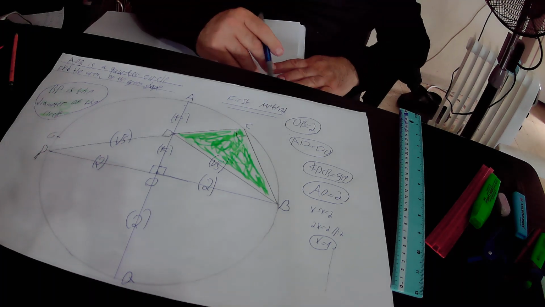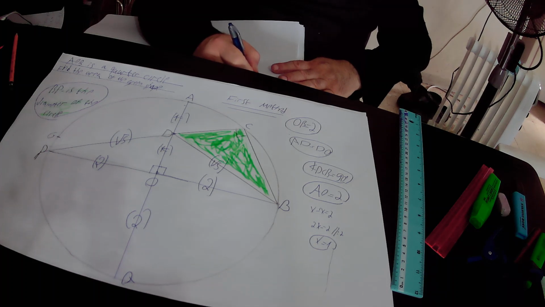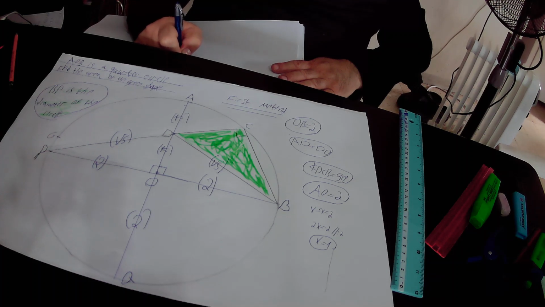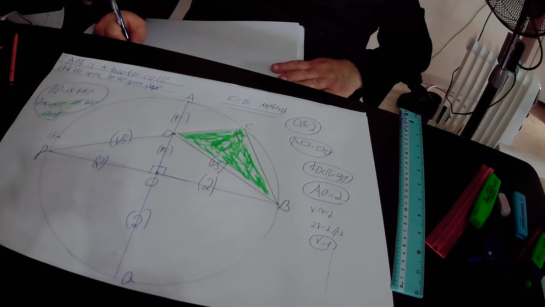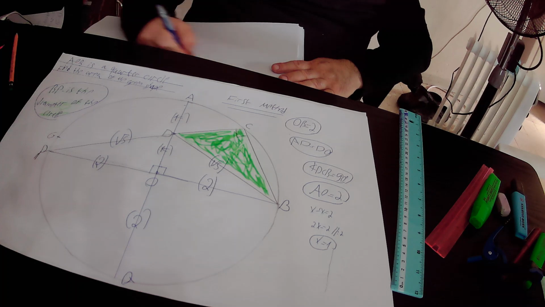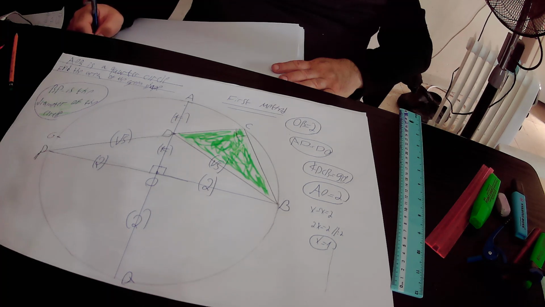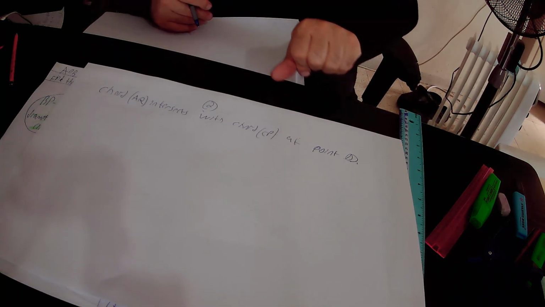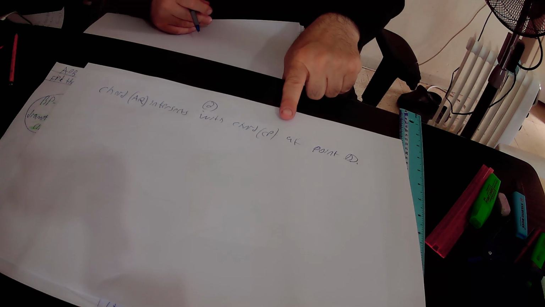Now drawing, chord AQ intersects with chord CP at point D. Repeat again, in our original domain, chord AQ intersects with chord CP at point D.